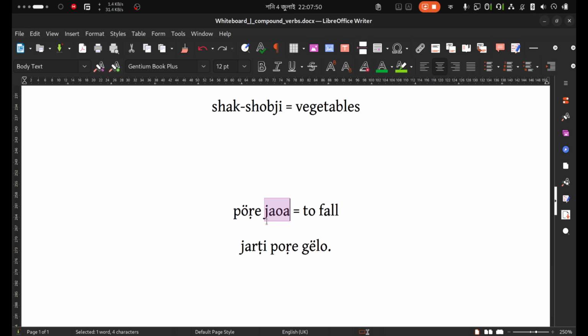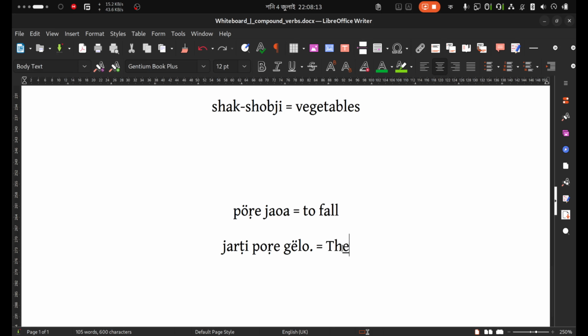Don't be confused here. Jawa gelo, the verb Jawa means to go, and gelo is the past form of Jawa. Maybe you already know. If you know Hindi, you should know this. Jarti pore gelo.